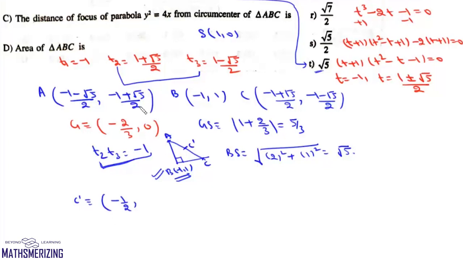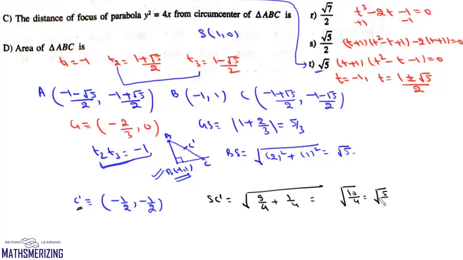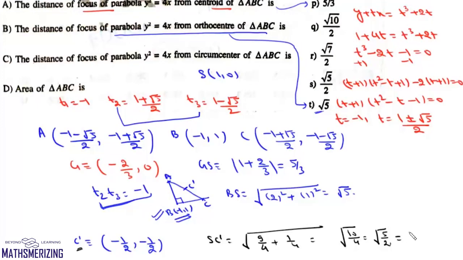Again for the y coordinate, root 5 by 2 will cancel, so again it will be minus 1 by 2. So the distance of the circumcenter from the focus will be the square root of, now 1 minus (minus 1 by 2) is 3 by 2, so 3 by 2 squared is 9 by 4, plus 1 by 4. So it should be the square root of 10 by 4, which is simply root 10 by 2. And that's your option Q.